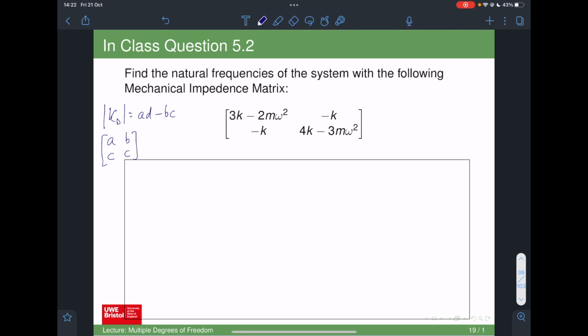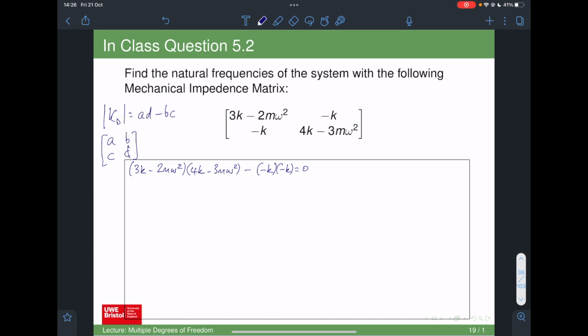That's the determinant. Okay, so let's have a go at this problem. Equals 0, okay? That's the first line, so that's AD minus BC.